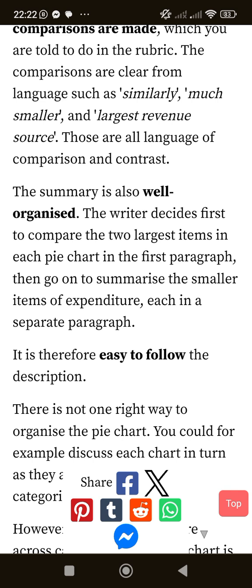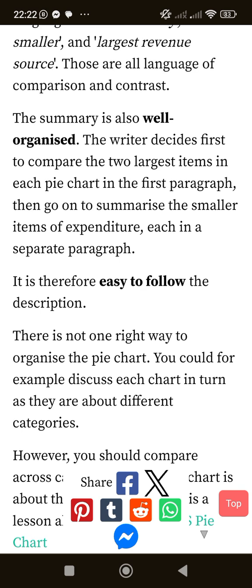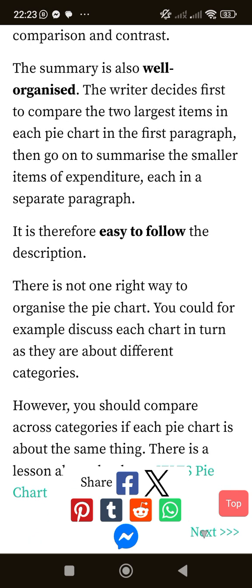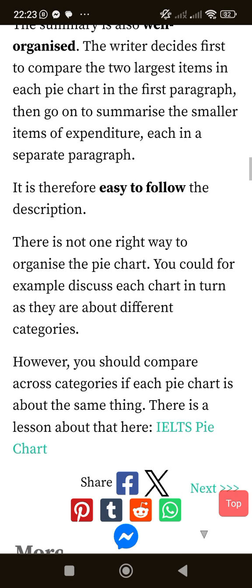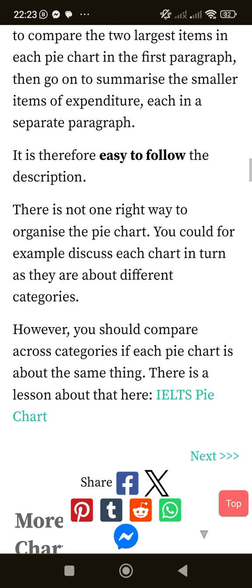Those are all language of comparison and contrast. The summary is also well organized. The writer describes first to compare the two largest items in each pie chart in the first paragraph, then goes on to summarize the smaller items of expenditure, each in a separate paragraph. It is therefore easy to follow the description. There is not one right way to organize the pie chart.